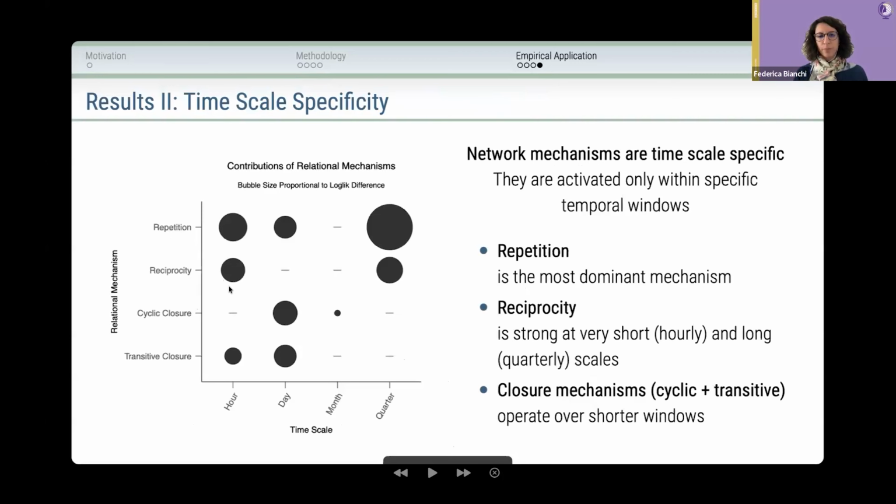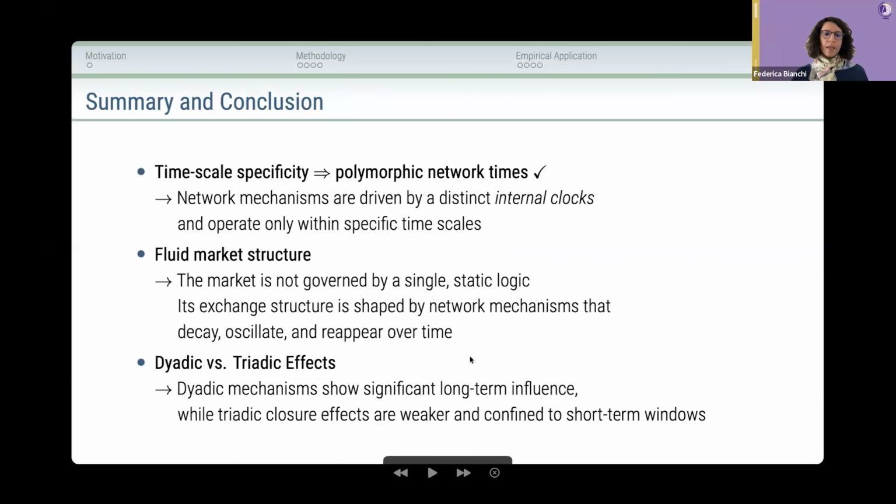Here we see that reciprocity is quite a prominent mechanism along with repetition. Also, extra-dyadic mechanisms operate, but their contribution to the likelihood is much smaller. So, in this sketch of our results, we add evidence of the existence of polymorphic network times.